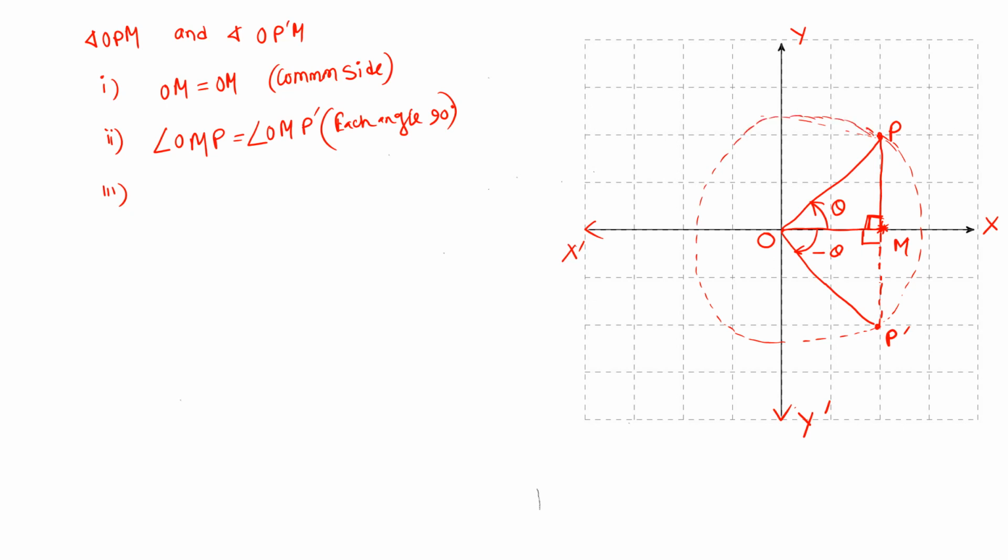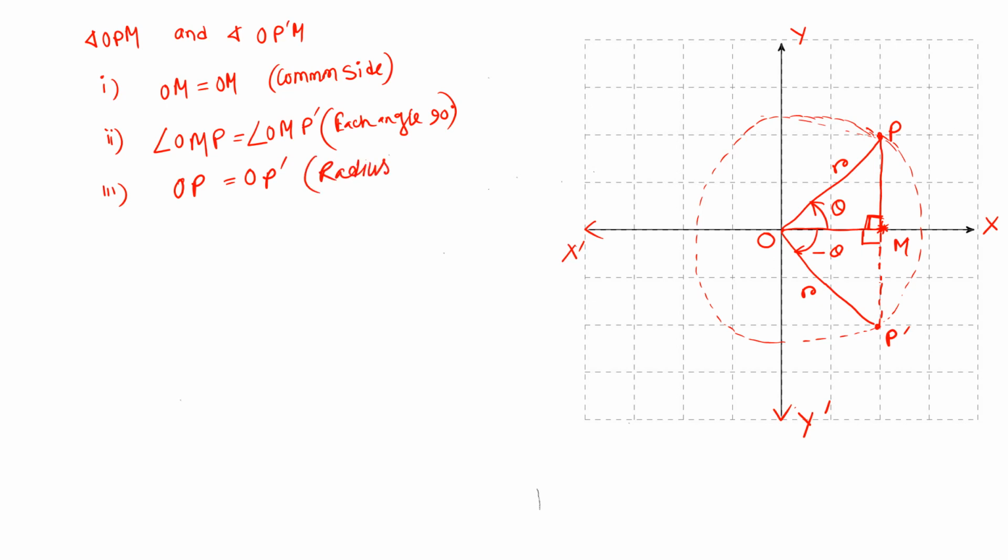Now if you see this circle, this one is becoming the radius, no? So this is R, this one also will become R. That means for a circle, the lengths of all the radii are always the same. So that's why we can write OP equals OP dash, radius.